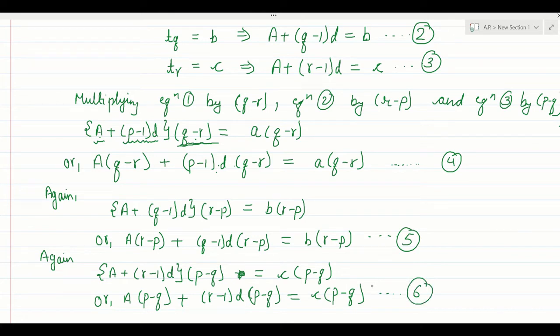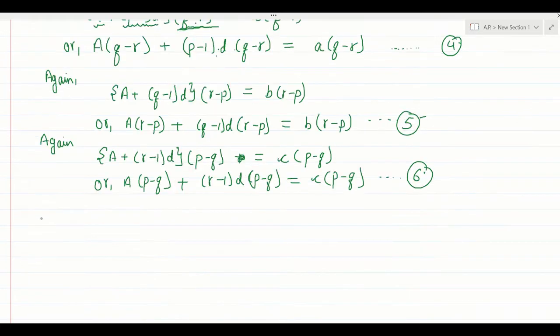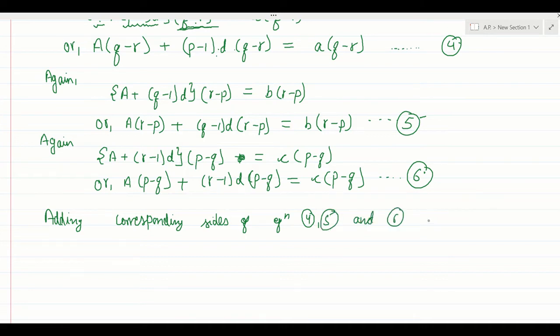Now we are going to add the corresponding sides of equations 4, 5 and 6. Is this clear? So adding corresponding sides of equations 4, 5 and 6, we get, okay, the left hand side will be added to the left hand side.